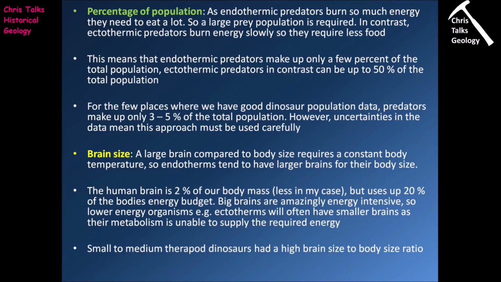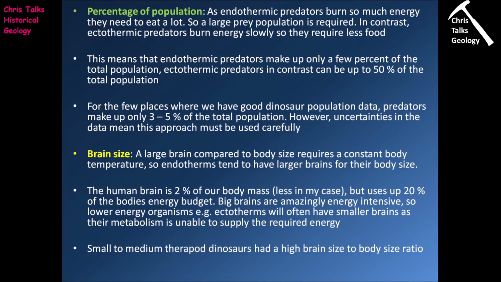There are uncertainties within these data sets. We have very few areas where we have a good enough snapshot of the dinosaur population to actually say what percentage of the population were predators. And even in those situations, we can't actually be certain that what we're looking at is a representative sample.